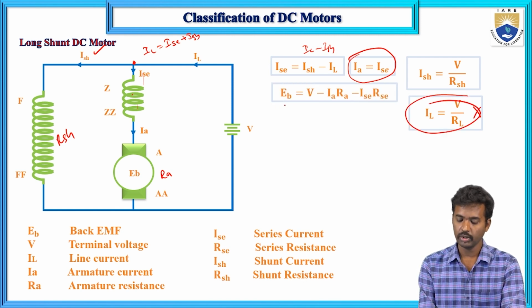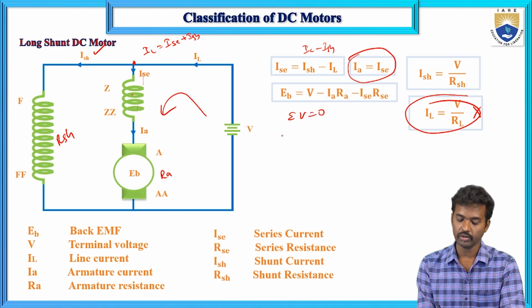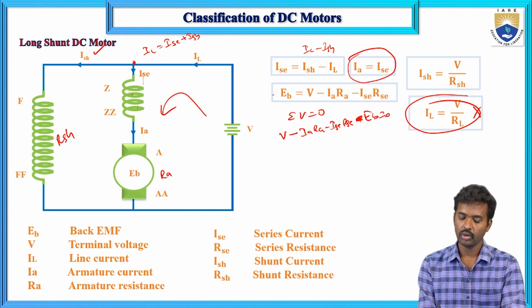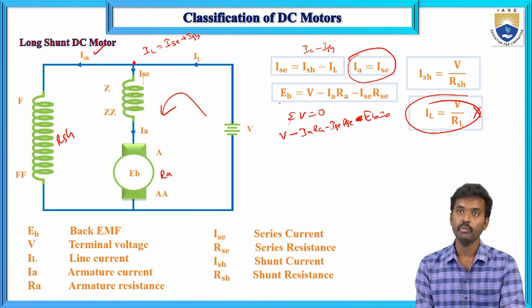Now for EB, if you apply KVL in this loop, the algebraic sum of total voltages in a loop equals 0. So V minus IA RA minus I series R series minus EB equals 0. Simplifying, EB equals V minus IA RA minus I series R series.